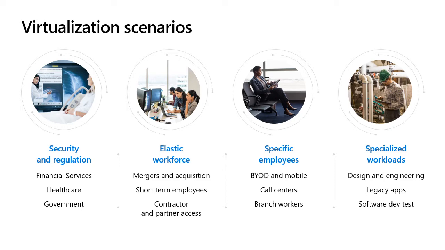And then finally, there are specialized workloads like design and engineering, legacy applications, and software desktop. For example, there are some situations where design and engineering software needs to be run from a central location, and cannot be installed on their own PC. So for example, you may have 5 engineers who want to use a certain type of software, but those 5 engineers are not all using that software at the same time.